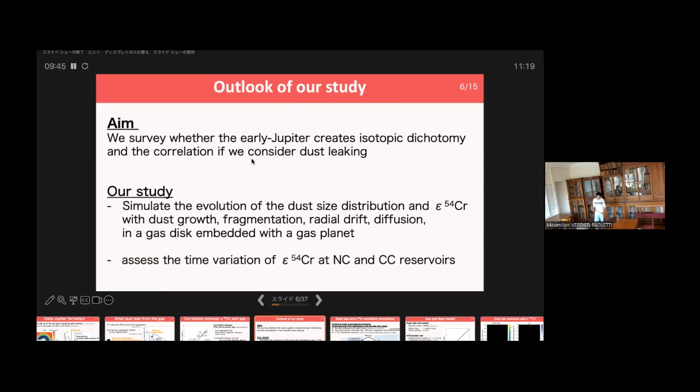Our new point is that we construct a model to simulate the evolution of the dust size distribution and, simultaneously, the evolution of epsilon 54 chromium in dust particles.